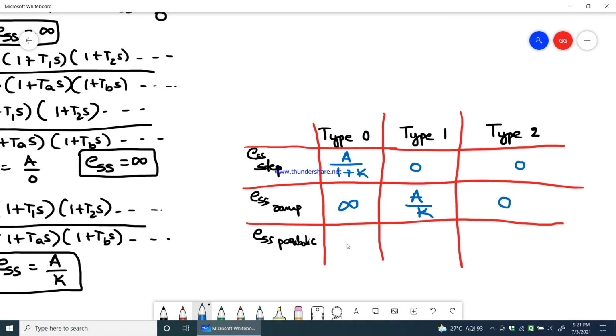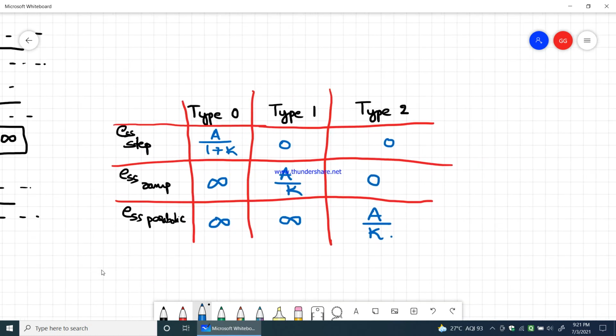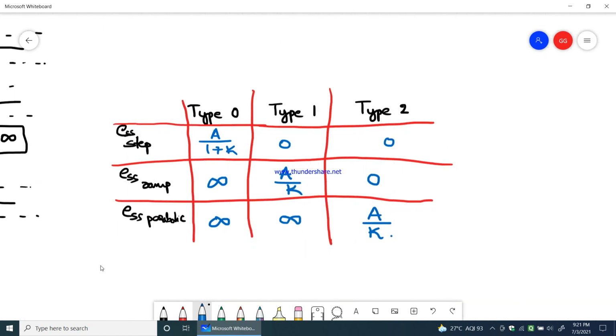Whereas when parabolic is considered, we got infinity for type 0, infinity for type 1, whereas A by K for type 2.